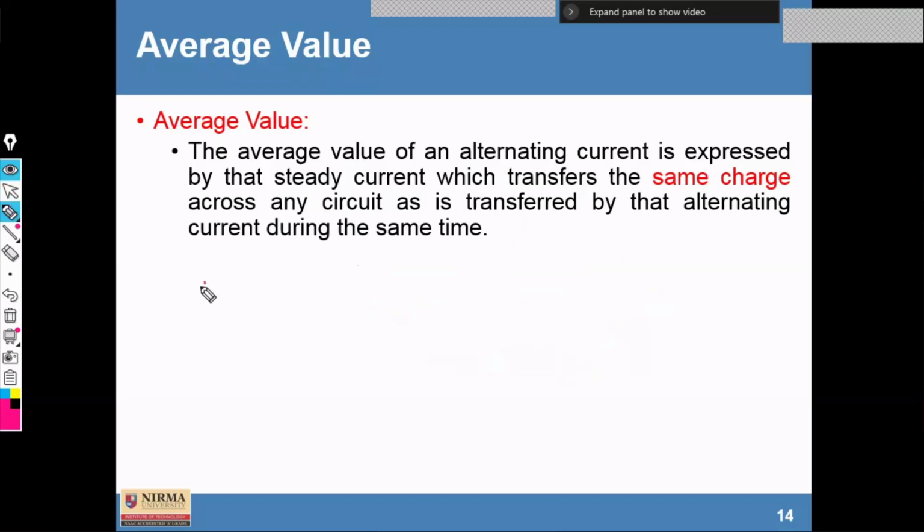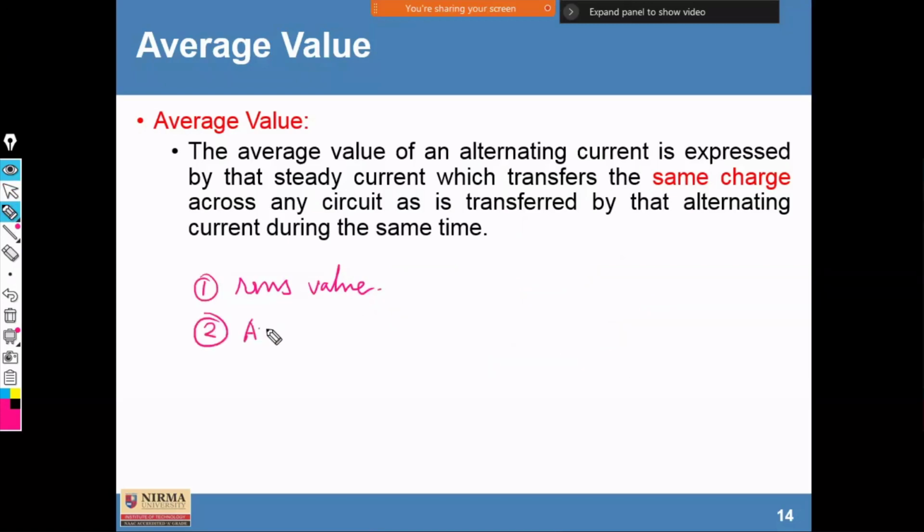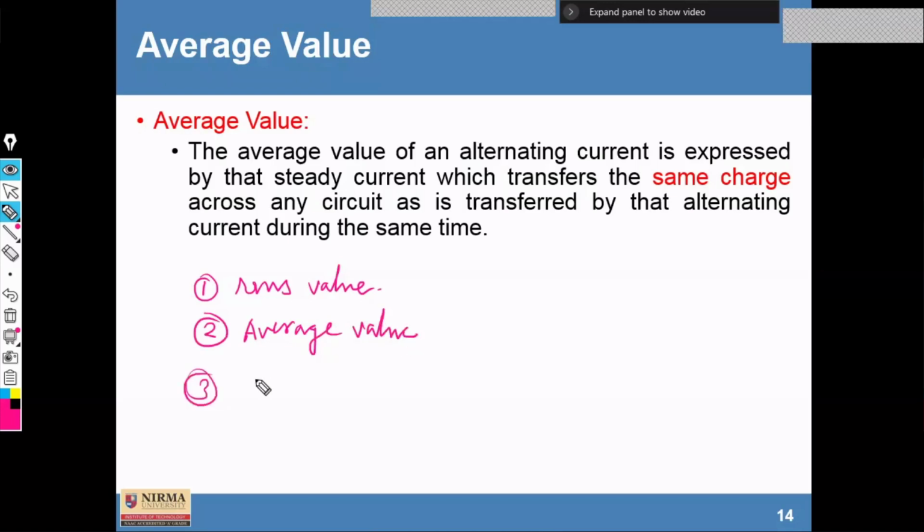Fine. And from three different values, one is RMS value, second is average value, and the third one is maximum value. So these three different terms are abbreviated for different instantaneous quantities.